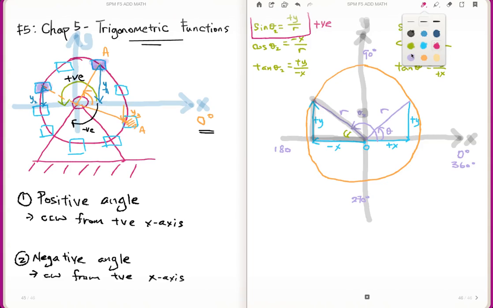The same rules apply if I get into the third quadrant. Maybe here, this is my r. The angle from 0 up to here is my theta 3, meaning it's in the third quadrant. This angle is more than 180 and less than 270.